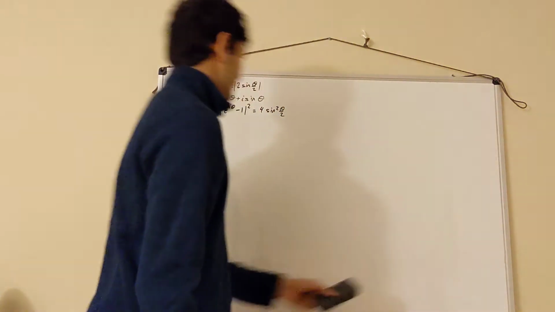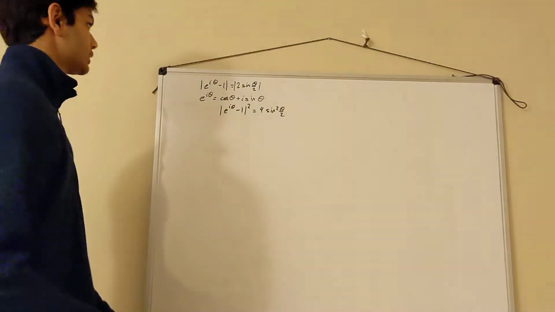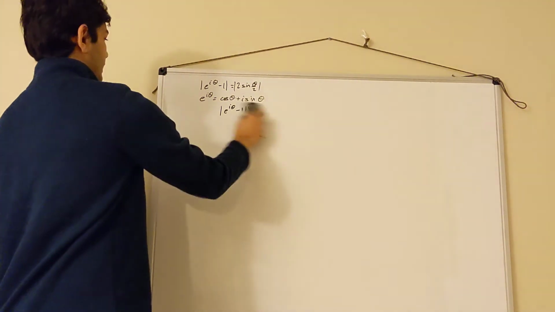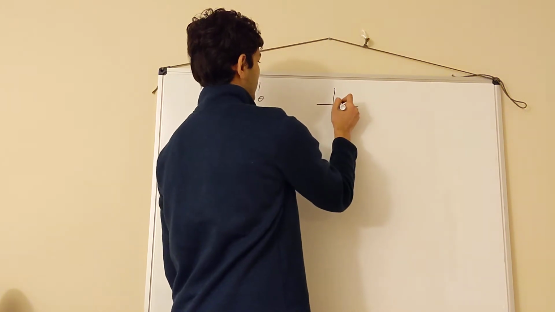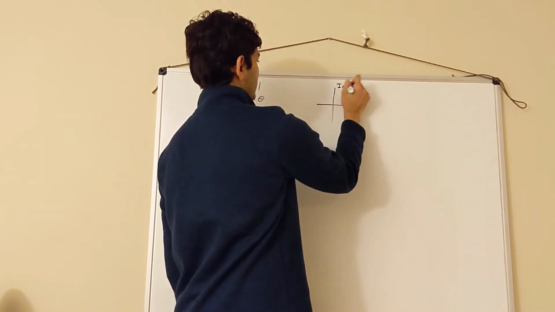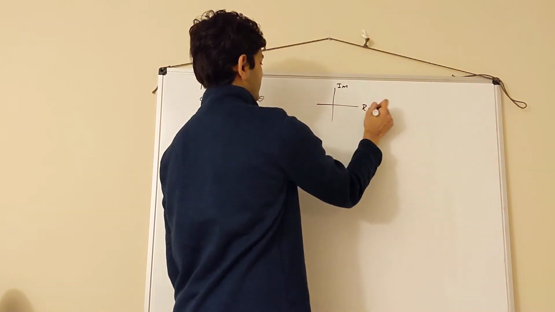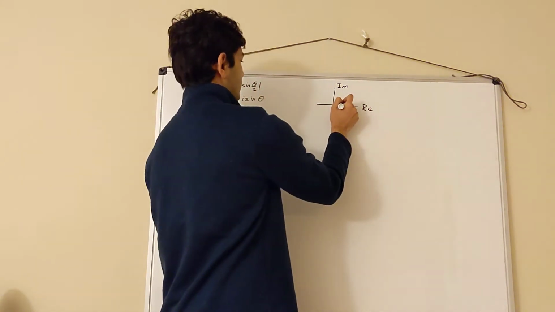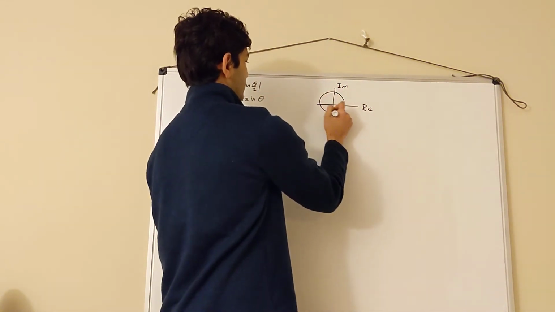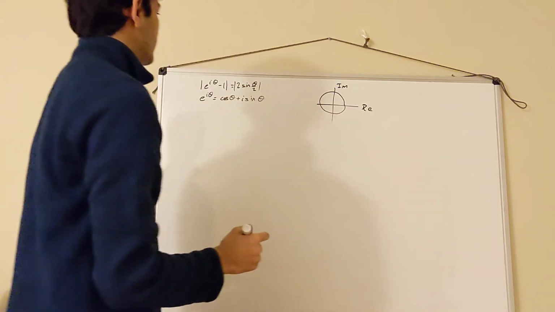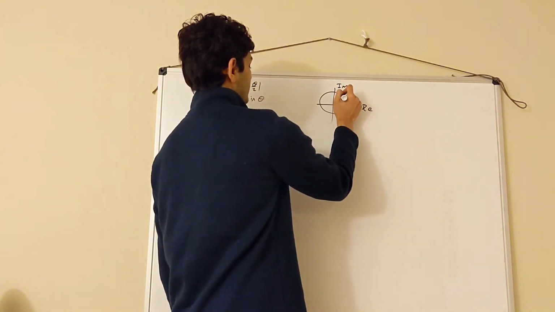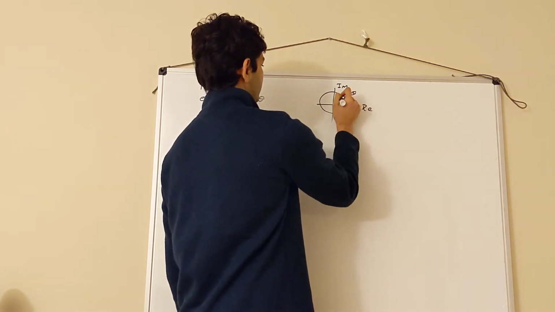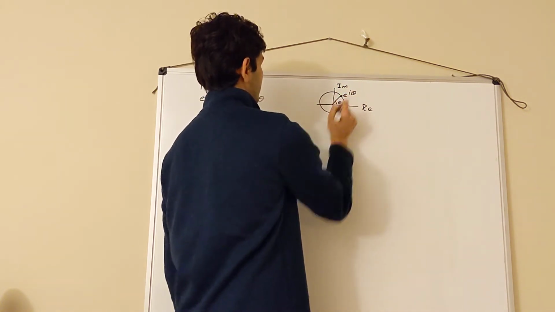But in my opinion, the really nice solution comes from thinking about this geometrically. Take a two-dimensional plane, your complex plane, and draw your unit circle. Pretend that that's a circle; I am awful at drawing circles. Then your complex point e to the i theta will lie somewhere over here, and this angle is theta.